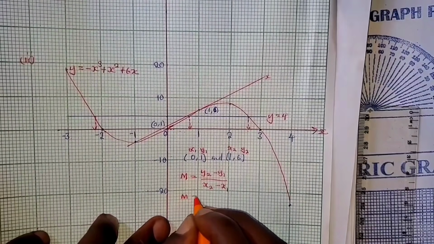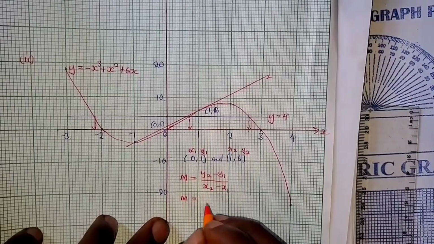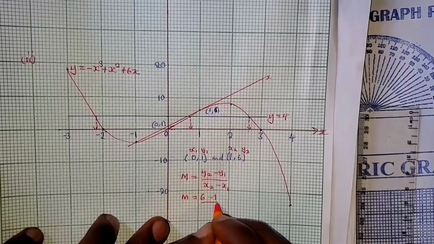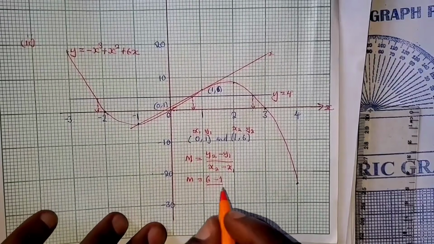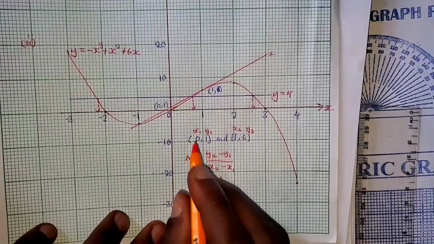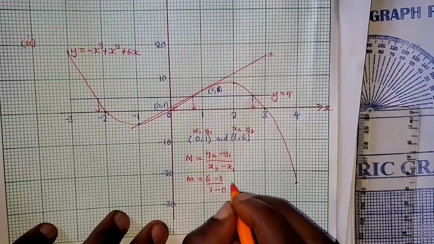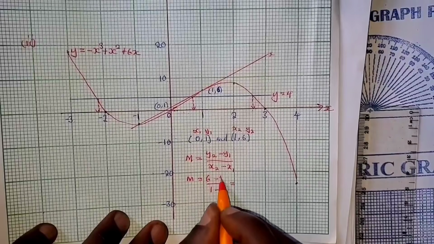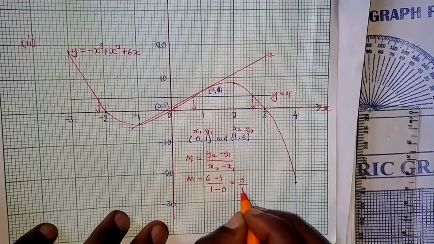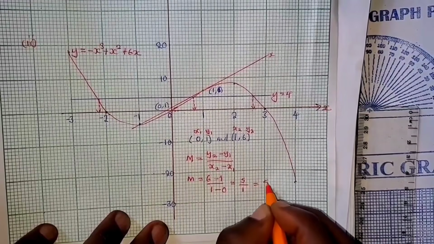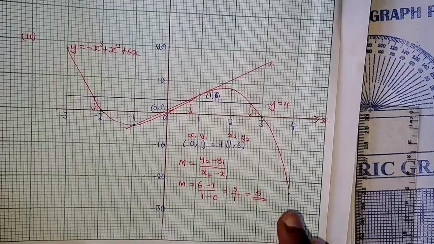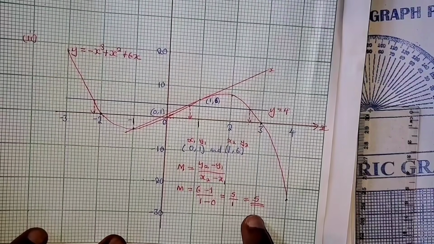So gradient equals y2 which is 6, minus y1 which is 1, over x2 which is 1, minus x1 which is 0. So 6 minus 1 is 5, 1 minus 0 is 1. So this is giving us the estimated gradient as 5.